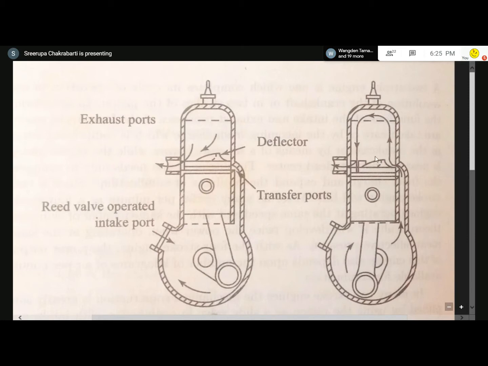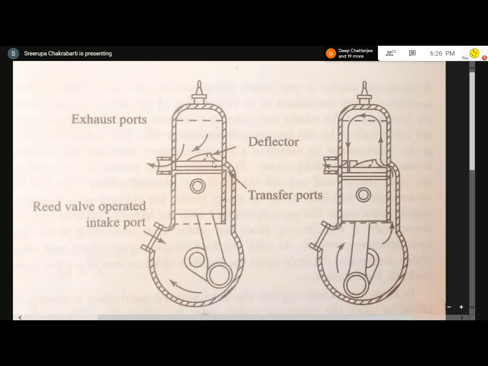As the piston comes down in its downward journey, first it opens the exhaust port. At that time the transfer port is not opened, because the location of the ports is such that when the piston comes down, first the exhaust port is opened.